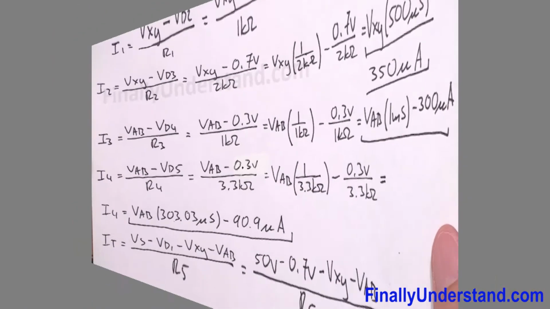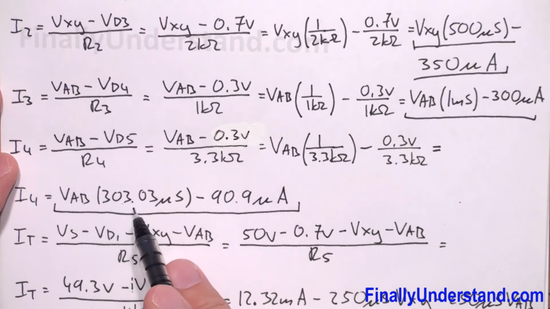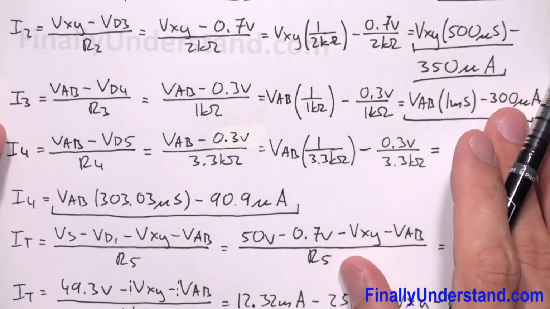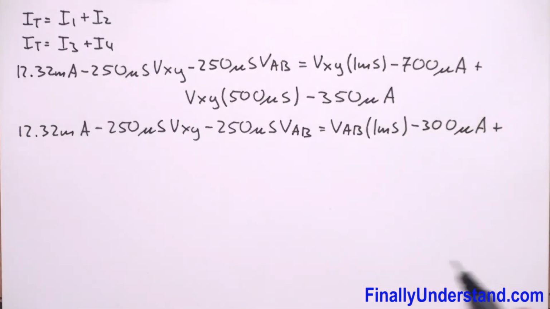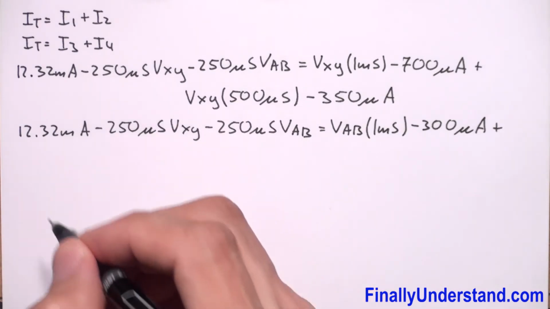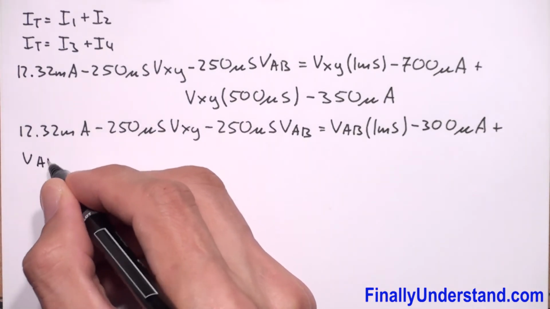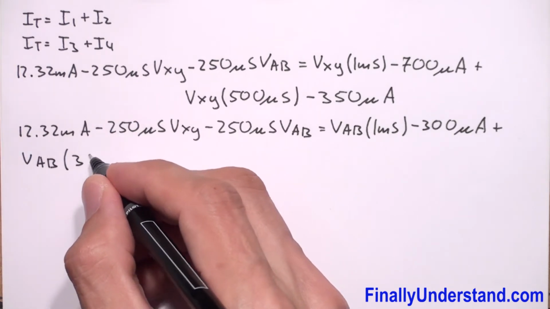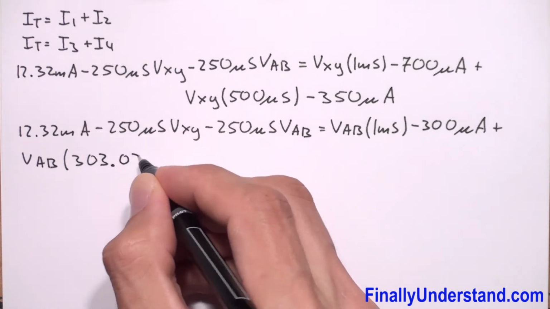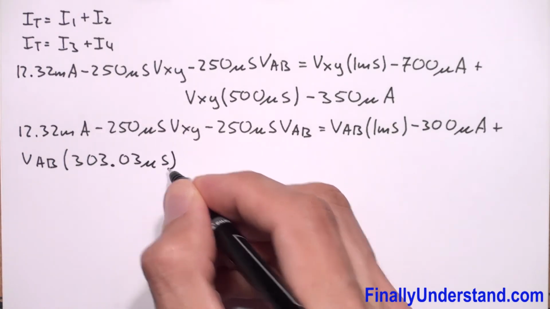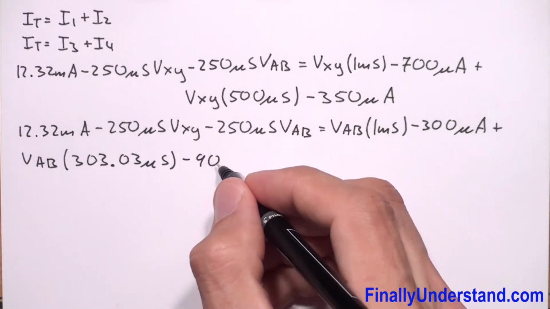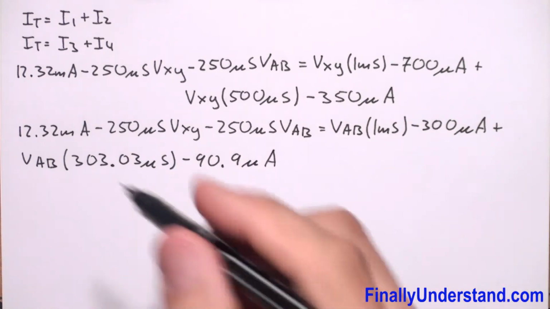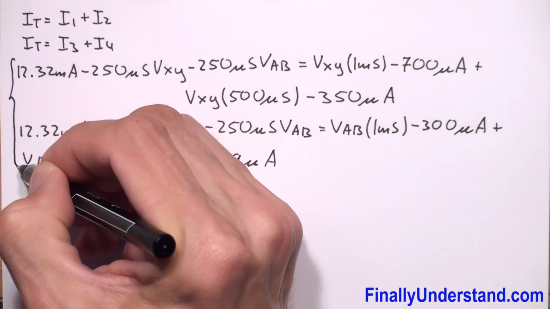I4 we said is equal VAB times 303.03 microsiemens minus 90.9 microamps. Okay, so I have my two equations.